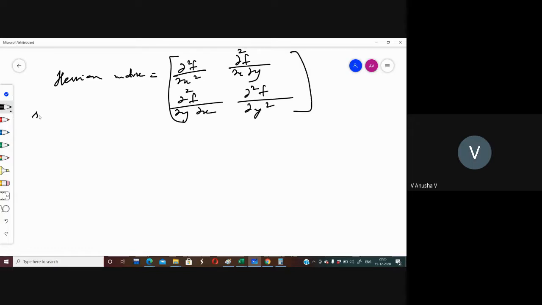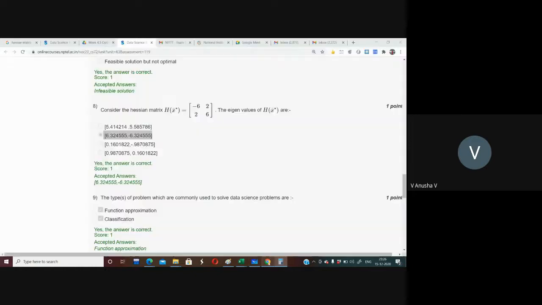Basically, the Hessian matrix is a square matrix which consists of second order derivatives. So let's solve one question, then you'll understand.